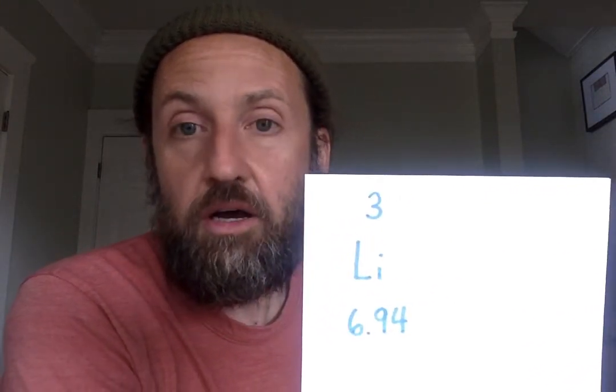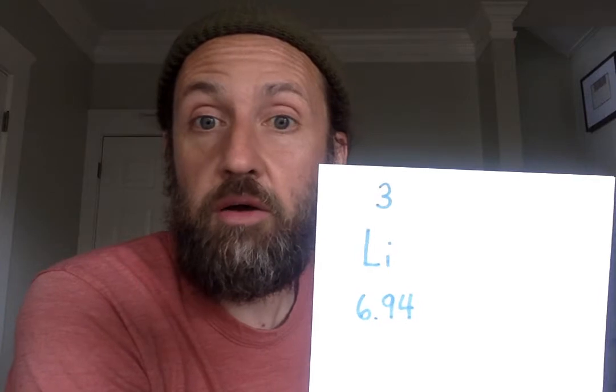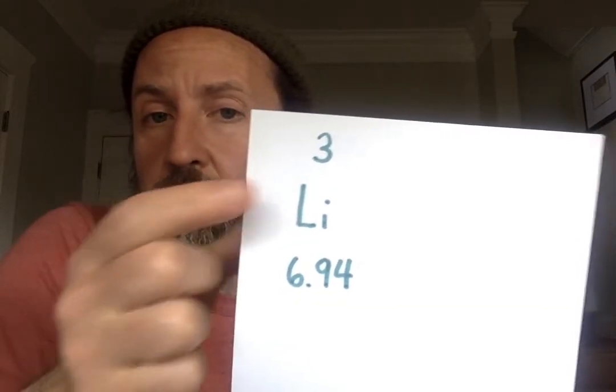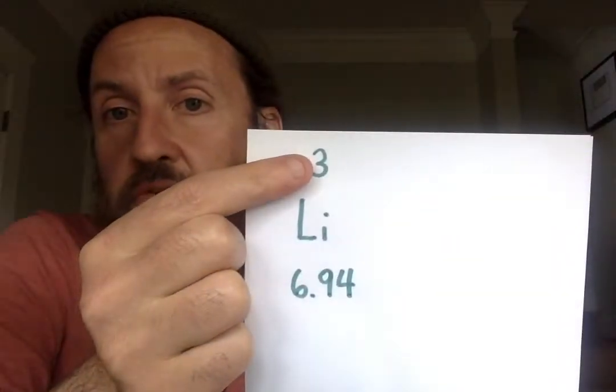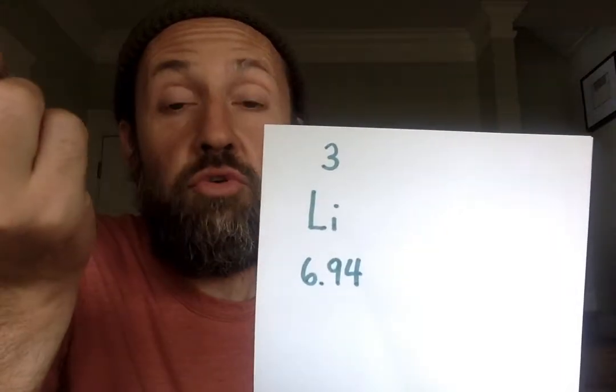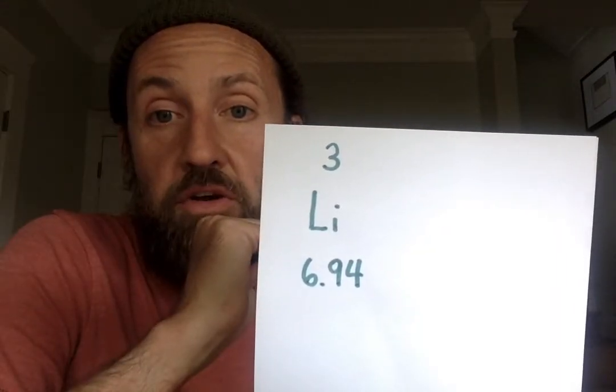Now, in a neutral atom of lithium, of which there are very few, because the alkali metals, the group that lithium's in, are very reactive, since it has 3 protons, and every atom of lithium currently on the planet right now has 3 protons, a neutral atom will also have 3 electrons.